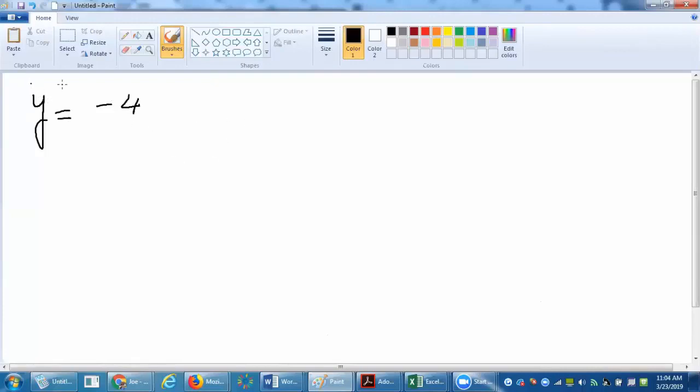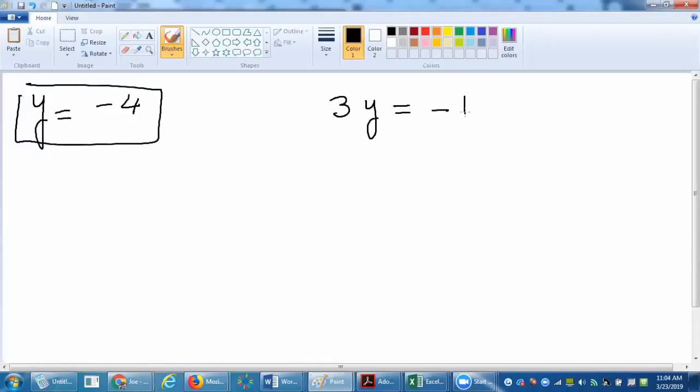So an equation where y equals -4, you can also be given something like 3y equals -15. And if you isolate y, divide by 3, then y would be -5. And so these are horizontal lines.